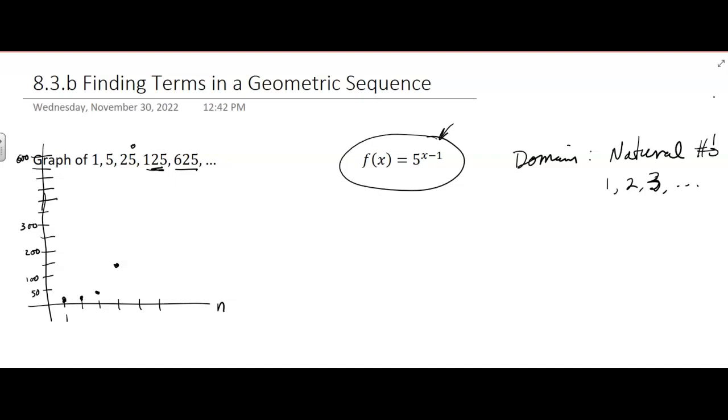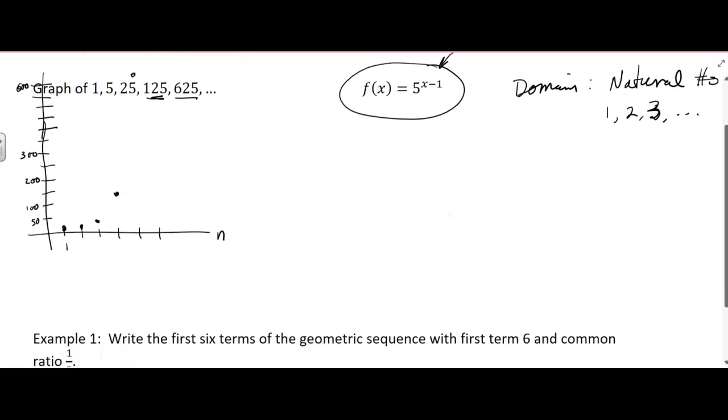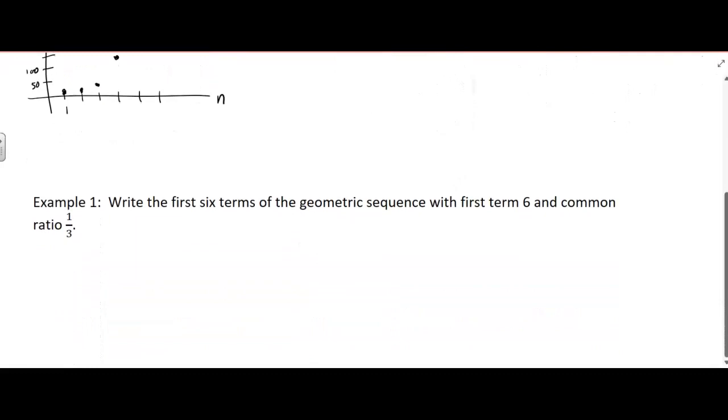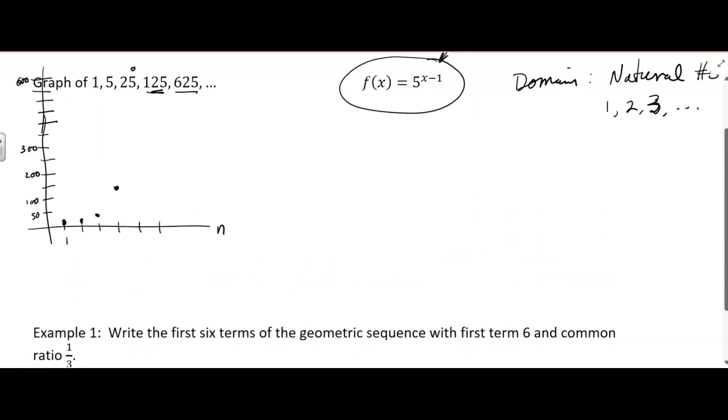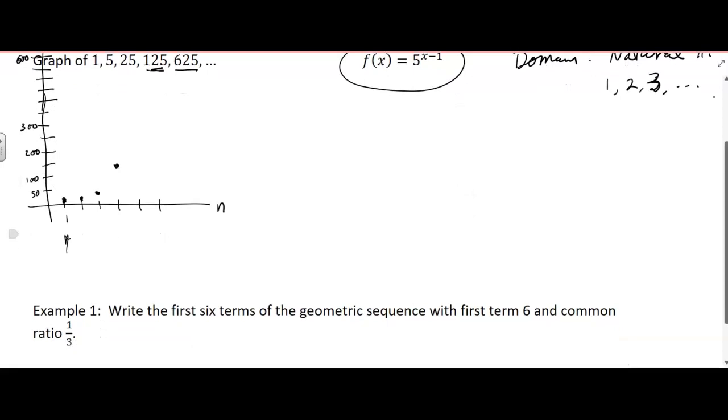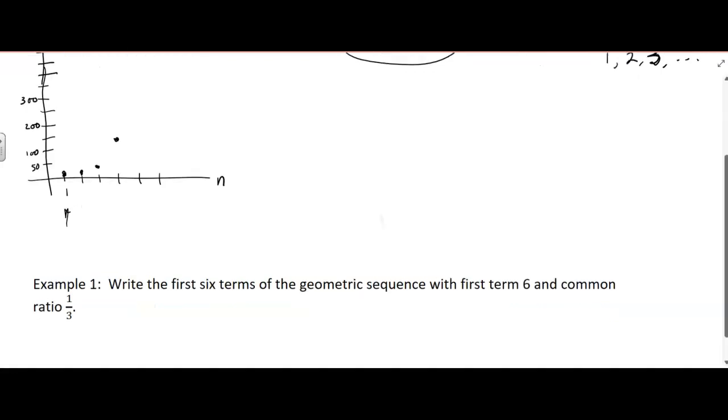We talked about that, how you have a first term, a second term, a third term, and so forth. All right, so that's just a little bit about the graph and what it looks like. You can see these individual points here on the graph because we're not having in the domain all real numbers, they're just the natural numbers.